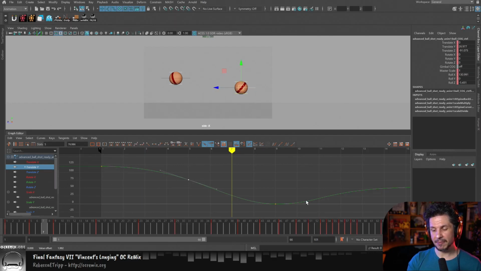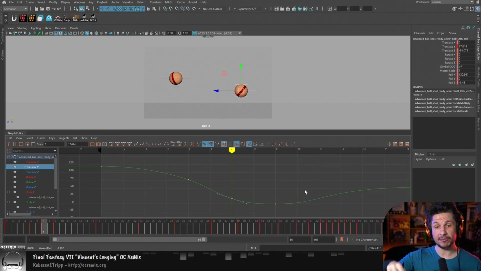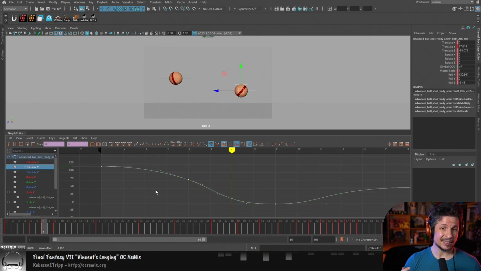And that's just going to make my curve more dynamic. When I put a breakdown here, I can favor this a little bit lower. That helps make it more dynamic. So I'm favoring one side of the curve more than the other, or one key more than the other. It's all the same terminology, or all different ways of explaining the same thing.